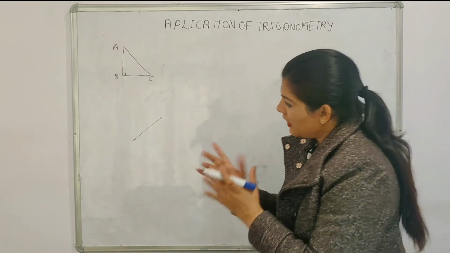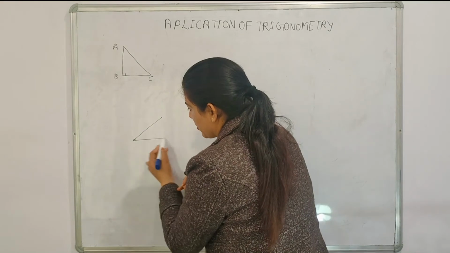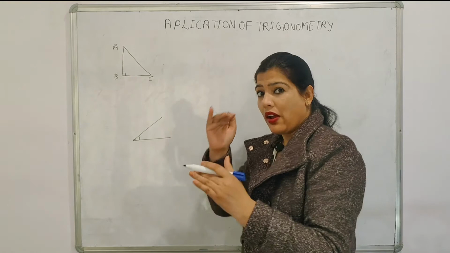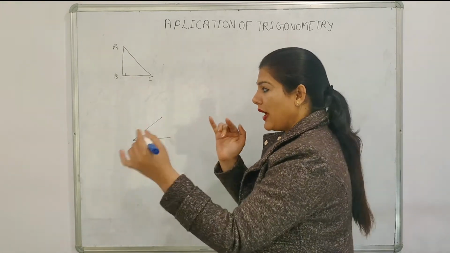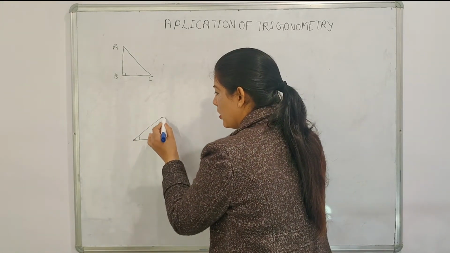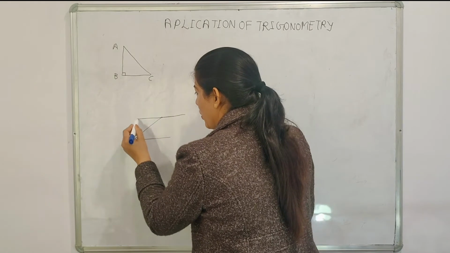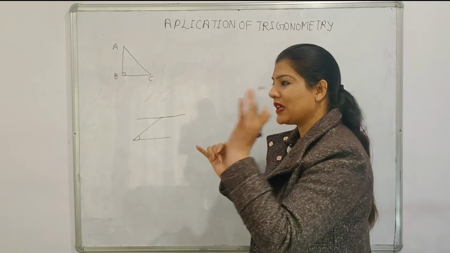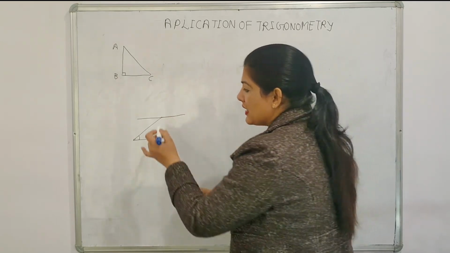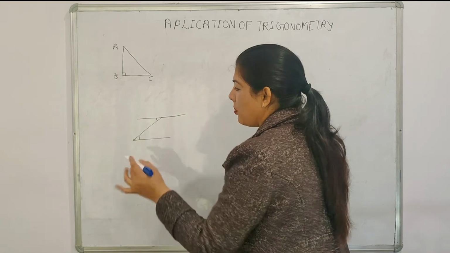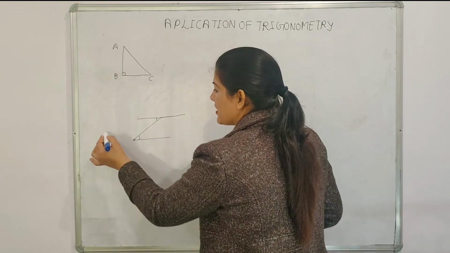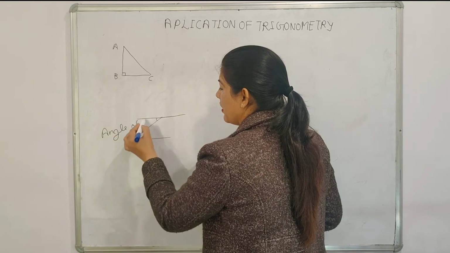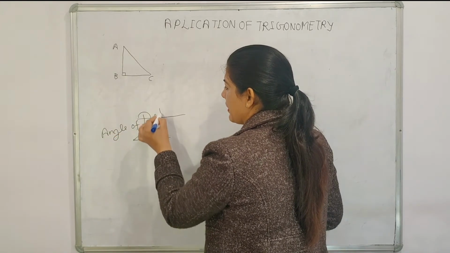So the angle of this line to the horizon is known as angle of elevation, but when I am looking down at this, so the angle with the line which is parallel to my eyesight and passing through it, this angle is known as angle of depression. So this is angle of depression.